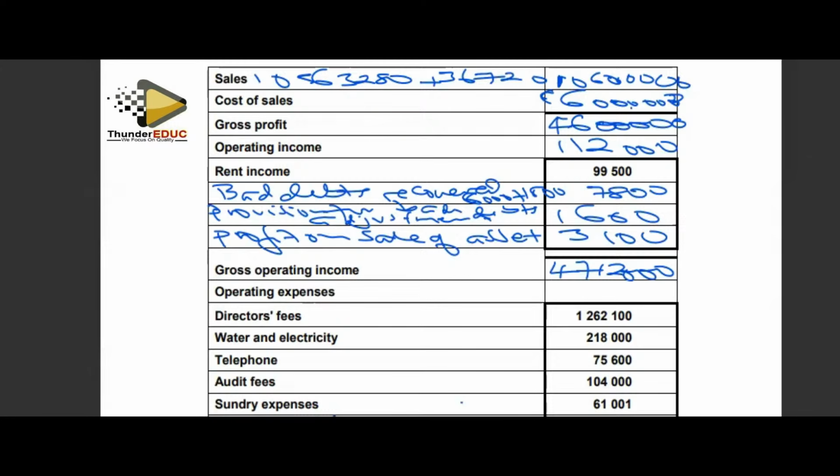Then plus the employer's contribution. The employer contributed how much? 2,200 plus 2,200. So this one is going to give us 129.